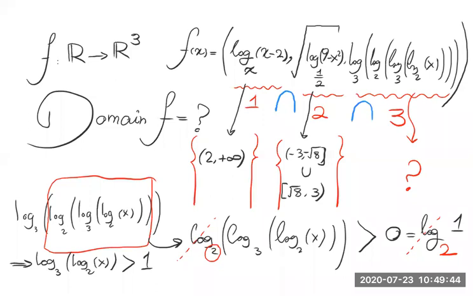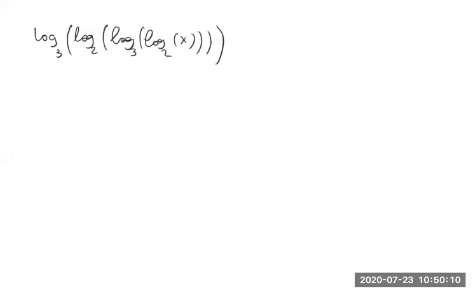Okay, but what is 1? So let me go to the next page. I'm not sure if you all can see the bottom of the page here, so let me write down one more time. The question is log in base 3 of log in base 2 of log in base 3 of log in base 2 of x. We want to find its domain. Because we are taking the log of the red box, it should be positive.